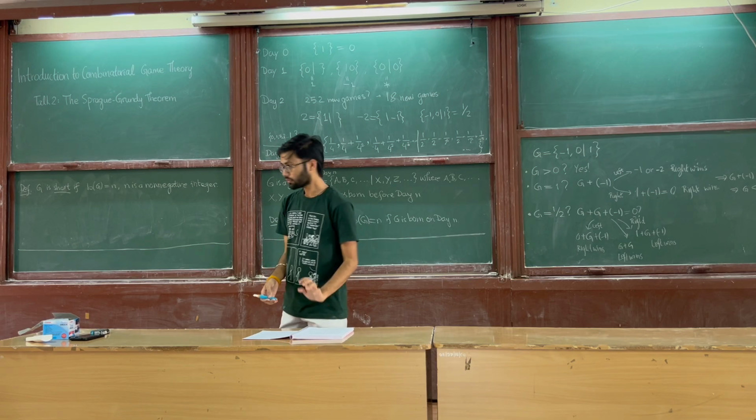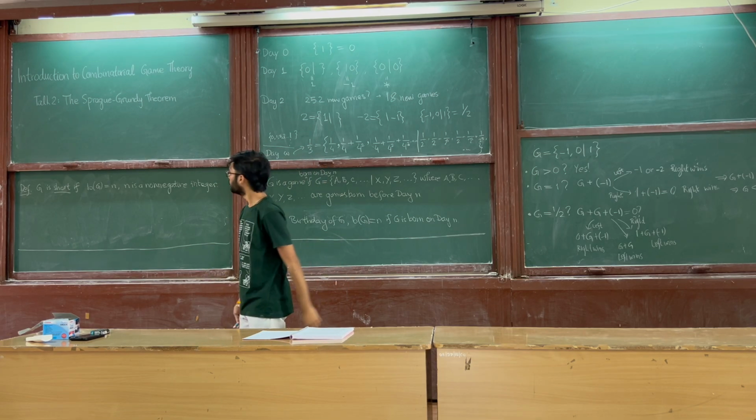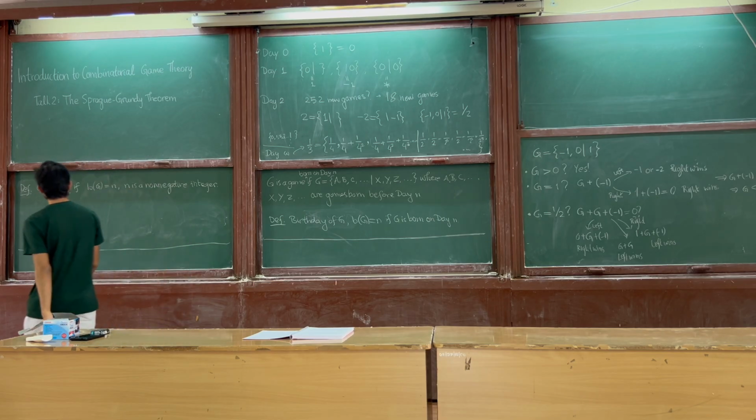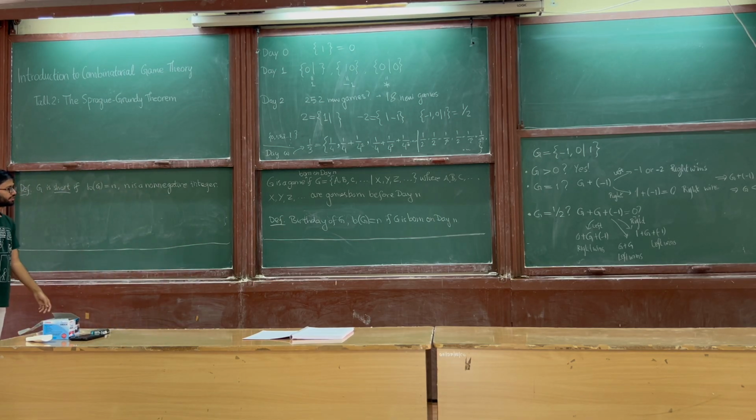The next thing I want to talk about is how to add games formally. Now that we have a working definition of games, I want to define the sum. Let's say I have a game G. I denote G like this: fancy G^L, fancy G^R. Fancy G^L is what I just referred to as GL.